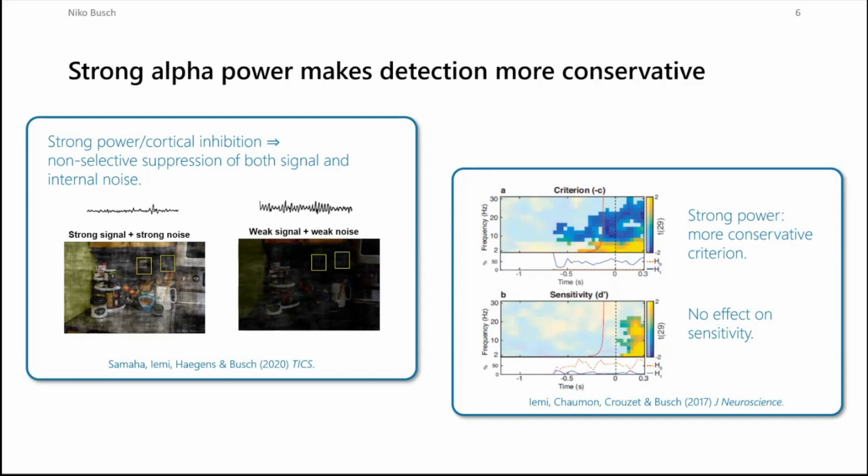So that was our understanding a couple of years ago. Now this interpretation makes a strong assumption, which is that, as illustrated in this figure, the strength of the alpha rhythm should have an effect on what the world looks like. Right? This image looks very different from that image.